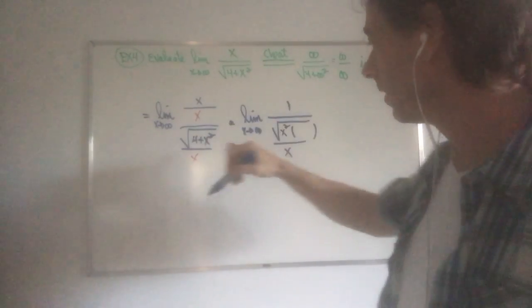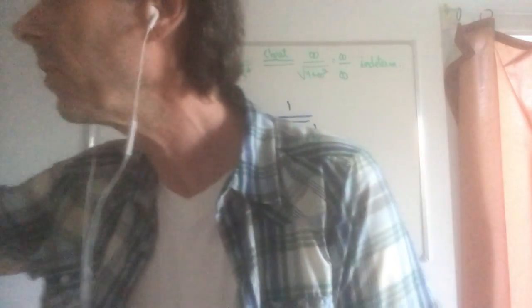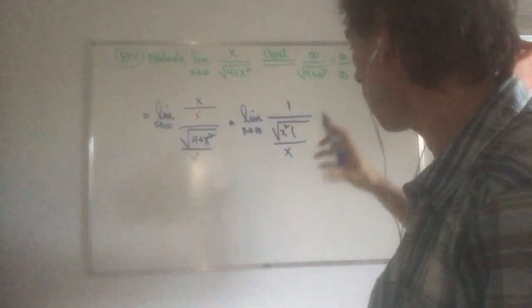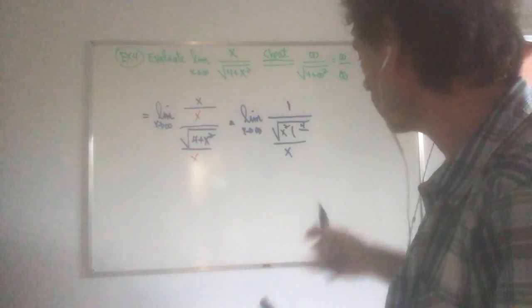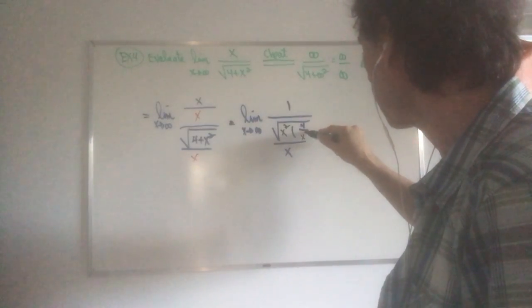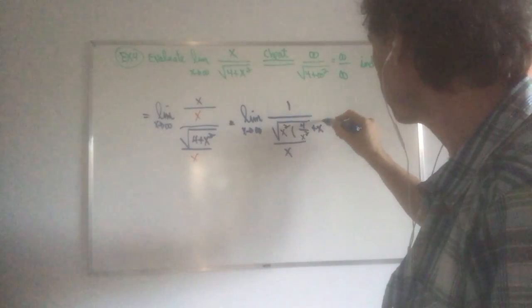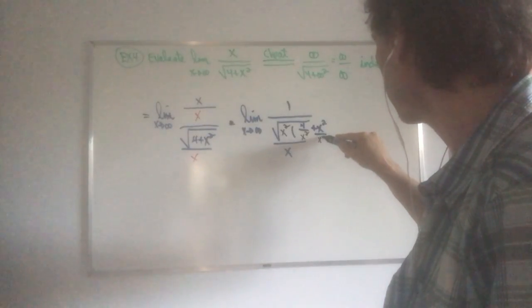There's no x squared in the 4, so it's going to be 4 over x squared, and then plus x squared over x squared.